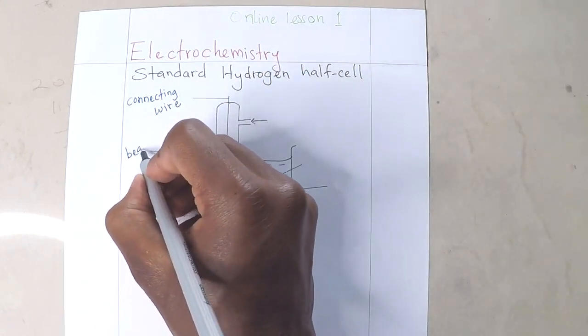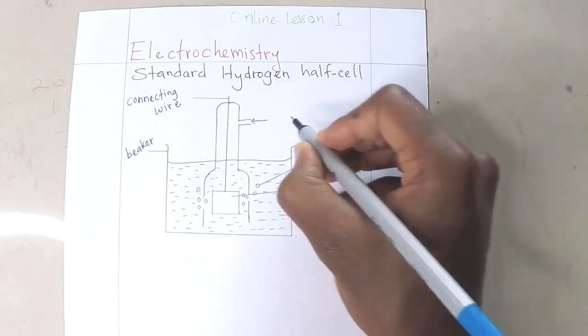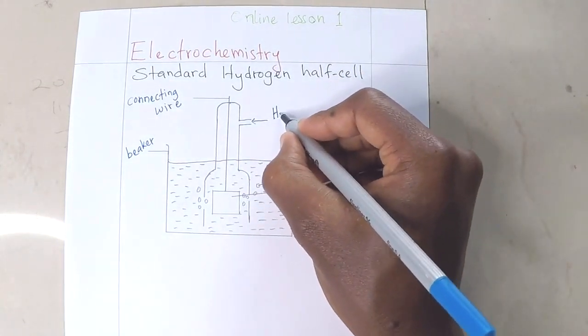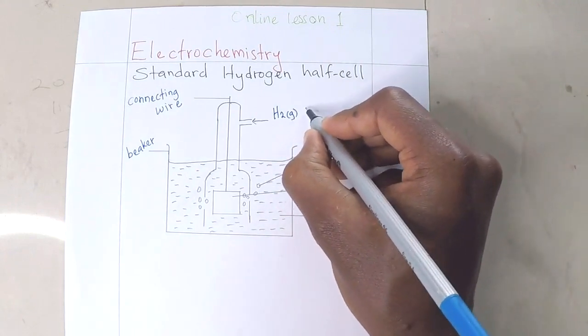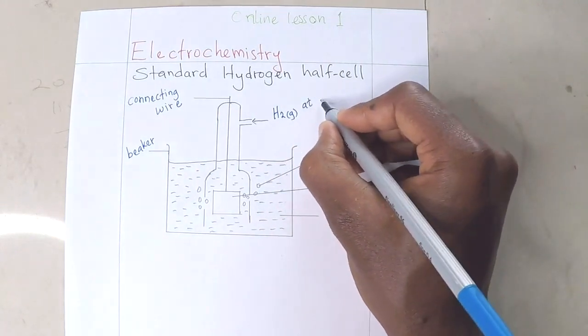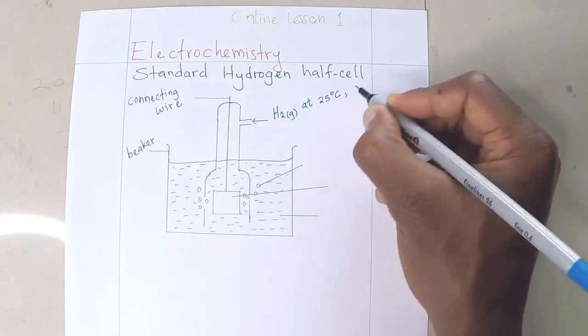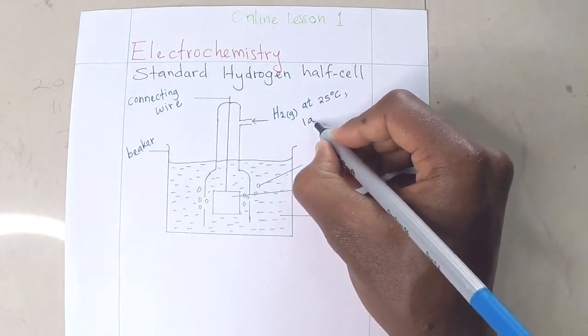This is a beaker, and from this end we pump in hydrogen gas at a temperature of 25 degrees Celsius and pressure of 1 atmosphere.